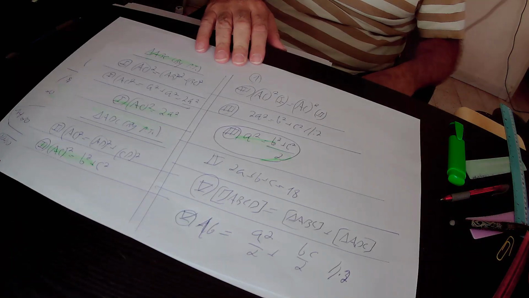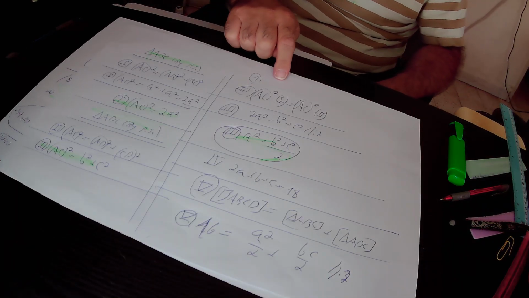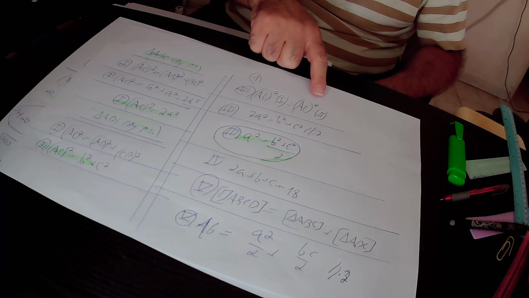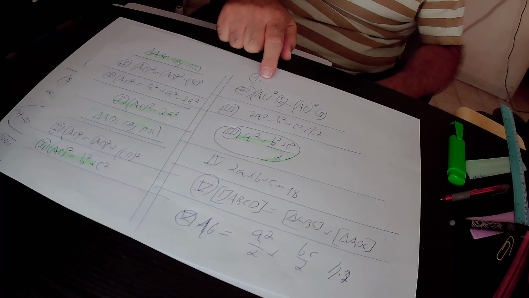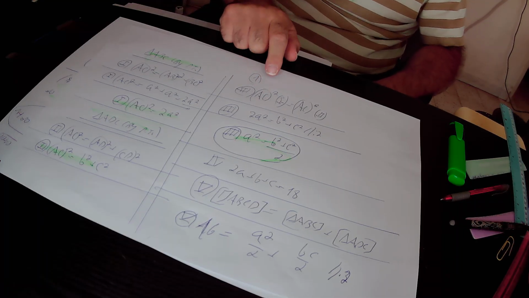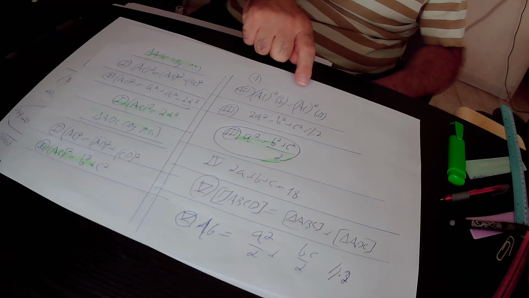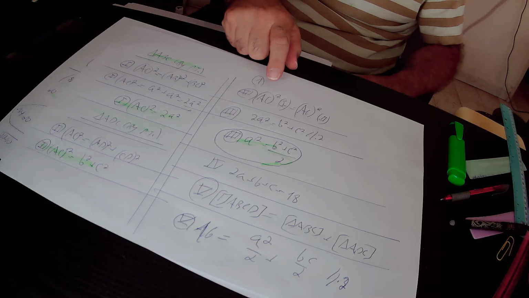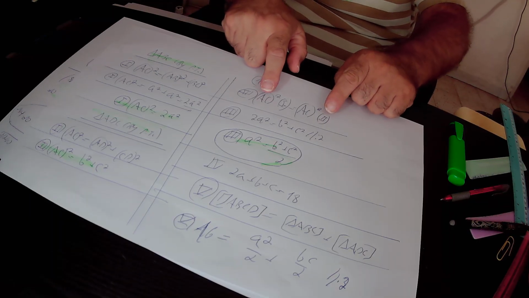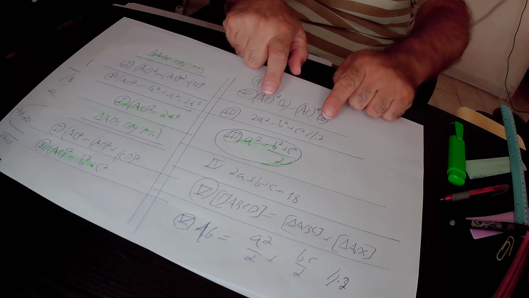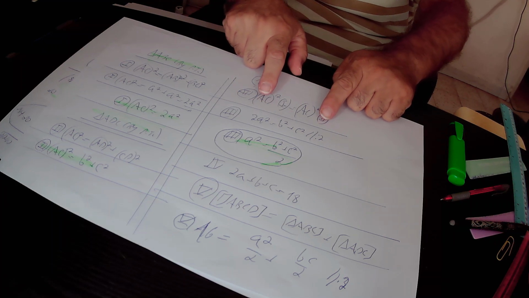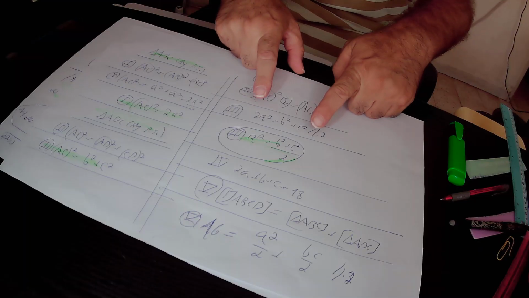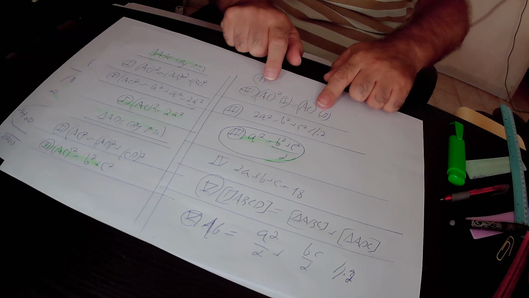So 2A squared equals B squared plus C squared, according to equation 3. Here we divide equation 3 by 2, and finally find out that A squared equals B squared plus C squared over 2.